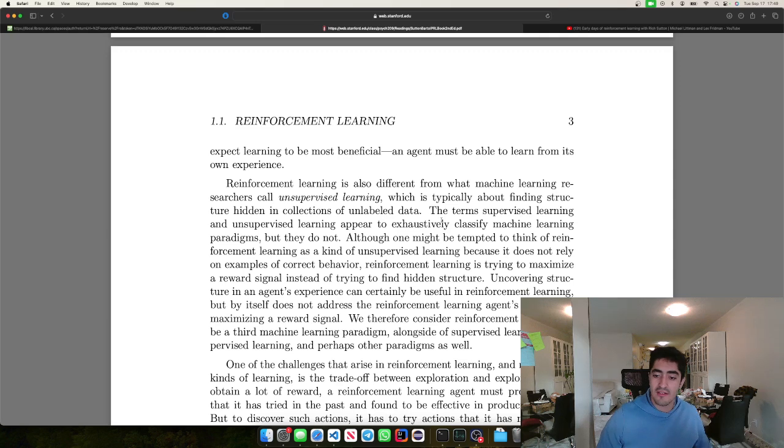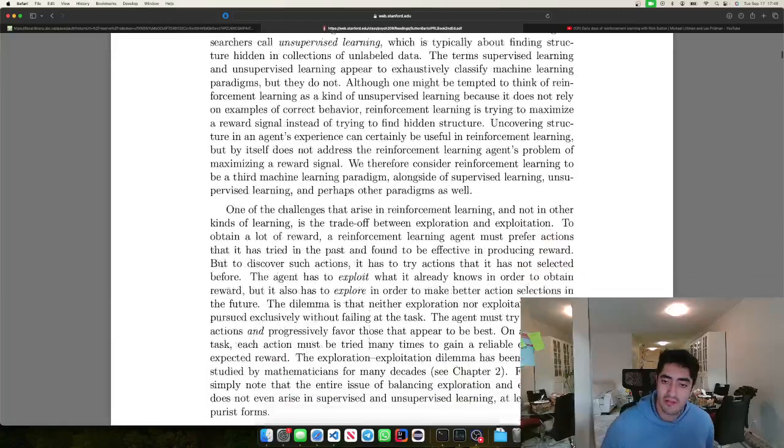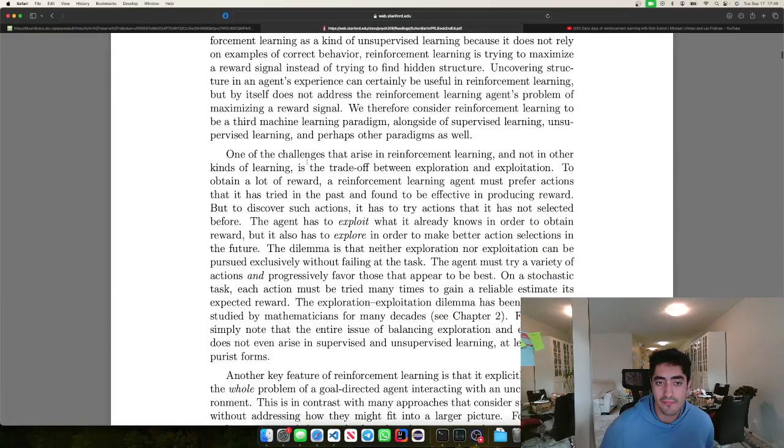We therefore consider reinforcement learning to be a third machine learning paradigm, alongside supervised and unsupervised. One of the challenges that arise in reinforcement learning and not in other kinds of learning is the trade-off between exploration and exploitation.